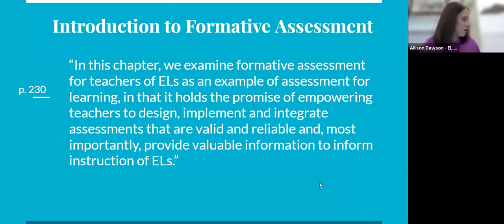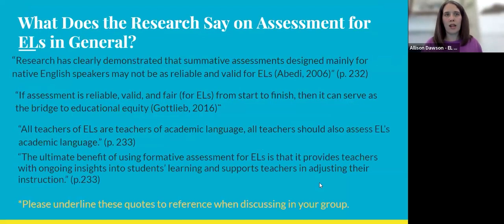So if you wouldn't mind, go ahead and turn in your book to page 232. As we get ready for our first breakout session, I've lifted some quotes from the research section of the chapter. So I'm going to ask you to highlight those, and you will use those when you get to your breakout room to discuss.